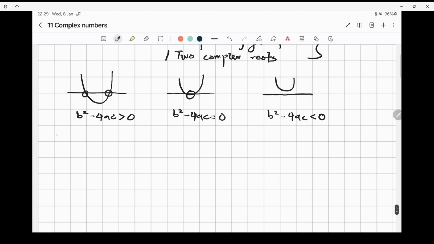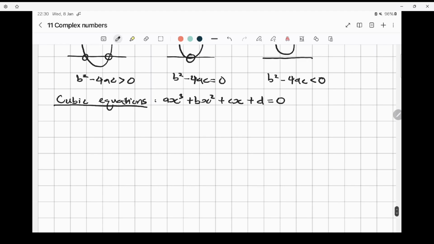So what happens with your cubic equation? Basically for a cubic equation, what you have is ax cubed plus bx squared plus cx plus d equals 0.